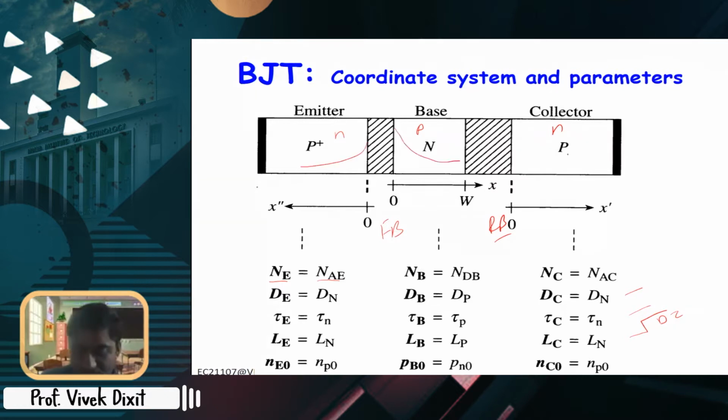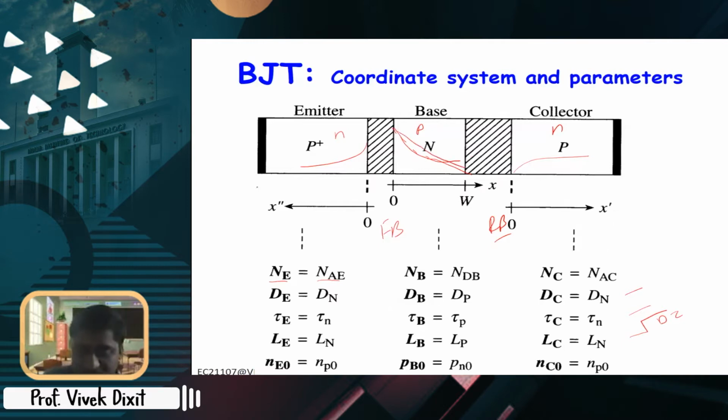And what about here? It will be depleted because this is reverse biased. And what will happen here? It will go to 0 because this is also reverse bias. And if the base is narrow, sometimes we assume this to be a straight line, but in reality it is never a straight line, though it is very close to that.